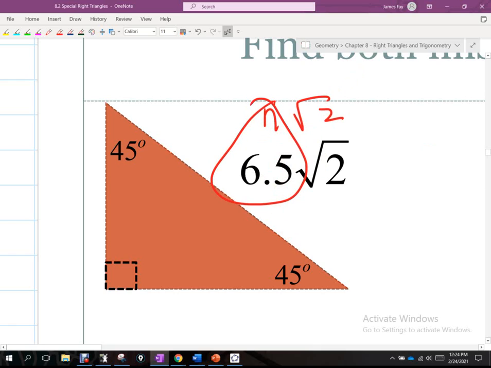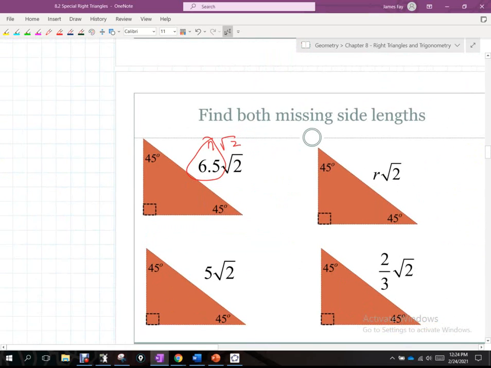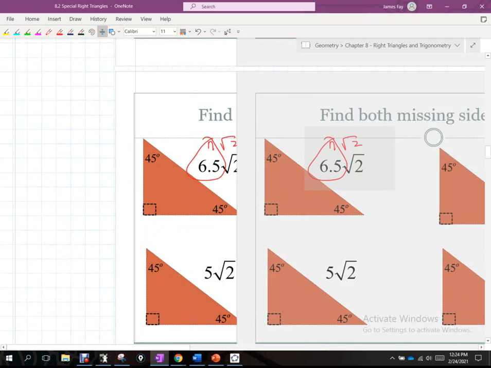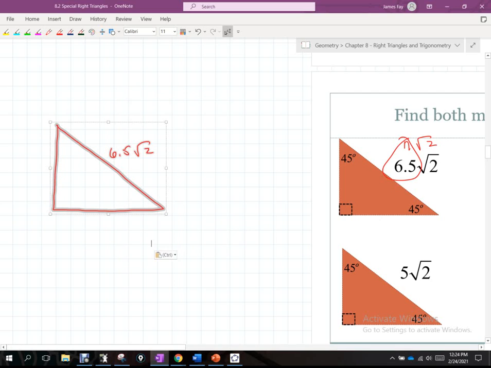Now, what I like to do is use a congruency concept, and this will make sense on the next questions. They give me this problem where this is 6.5 radical 2. I take the approach that I have what I'm going to call a template. You guys know what a template is, right?